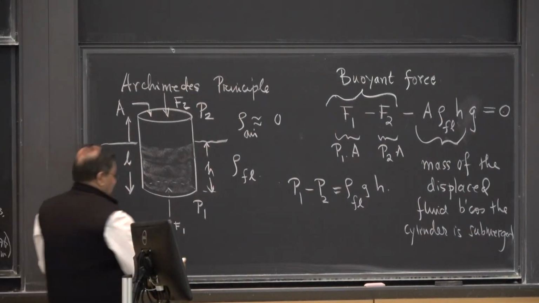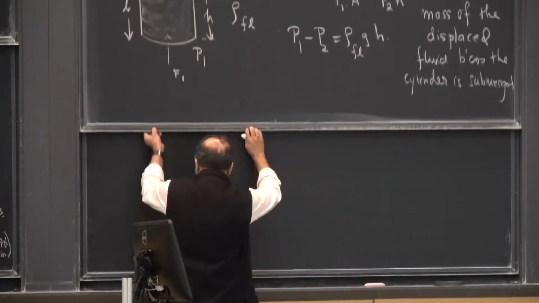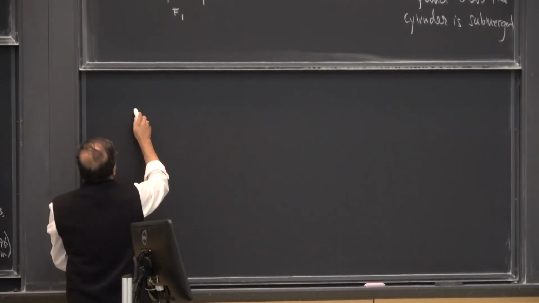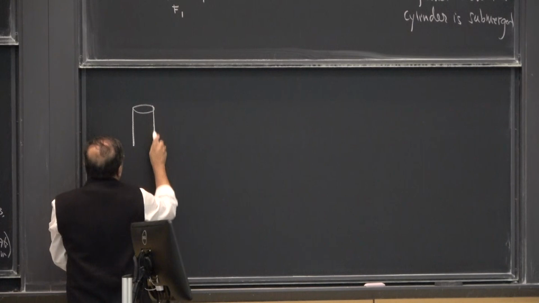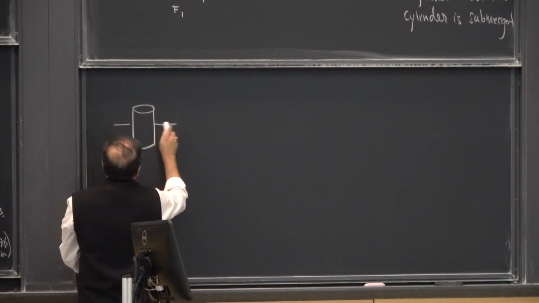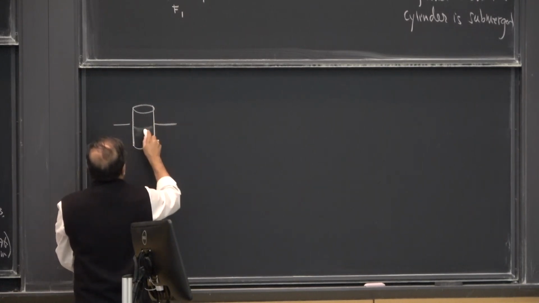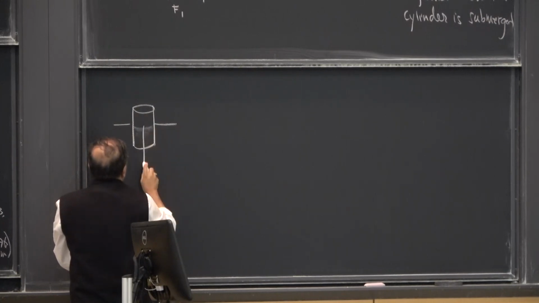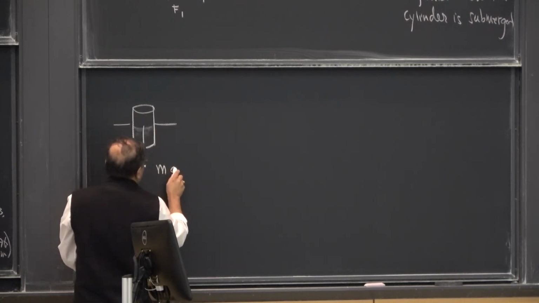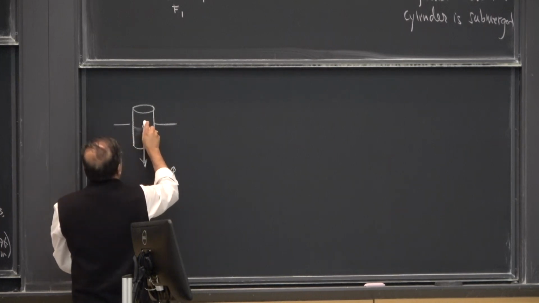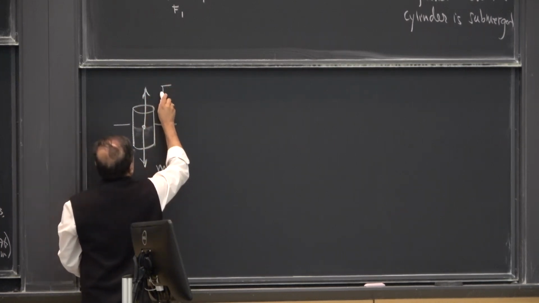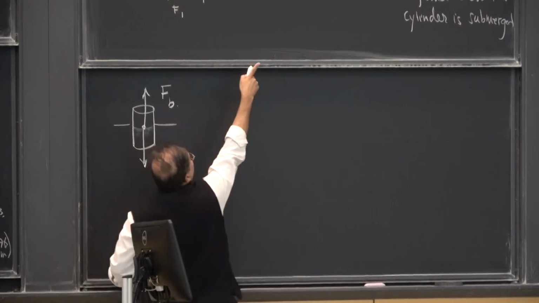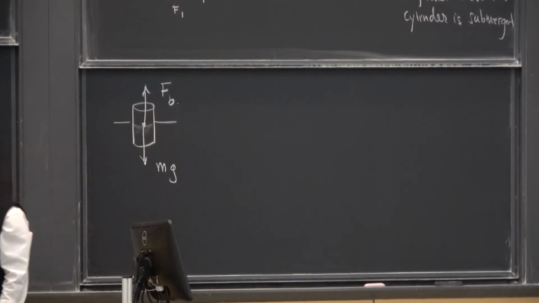So in other words, if I were to draw a cartoon of this, the effective picture is, this is my cylinder, this is the water level. This cylinder has a mass m and a weight mg, so I have mg for the entire cylinder, and then I have a buoyant force, F buoyant, acting upward, and F buoyant is given there. So this is the picture you should have in mind.